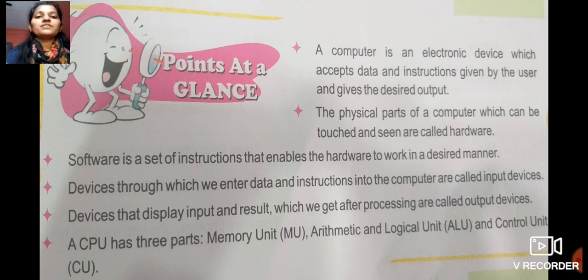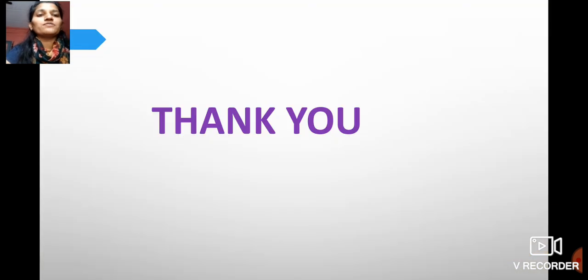We have also seen what input devices and output devices are. Input devices are those through which we can enter data and instructions into the computer. Output devices give us output, displaying input and results after processing. So those are input and output devices.